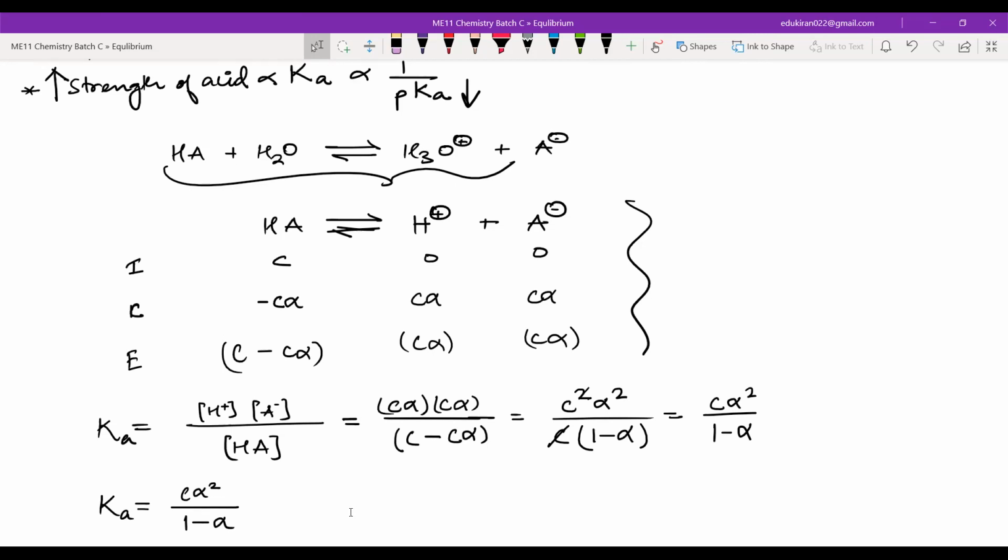If you have any question in which there is only one reactant, the equilibrium constant can be written in the form of alpha for that reactant.